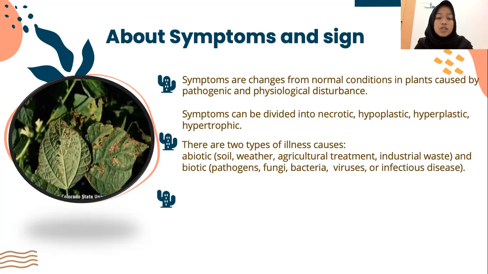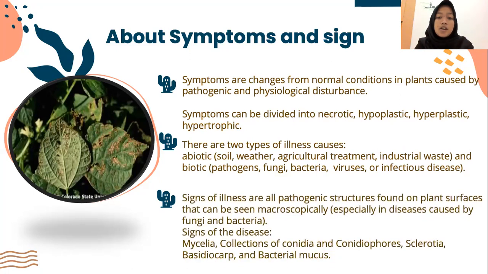What is a symptom? Symptoms are changes from the normal condition in a plant caused by pathogenic and physiological disturbance. Symptoms can be divided into necrotic, hypoplastic, hyperplastic, and hypertrophic.